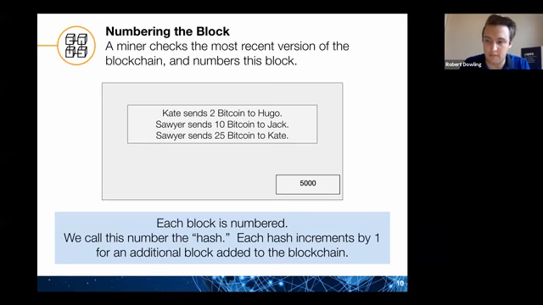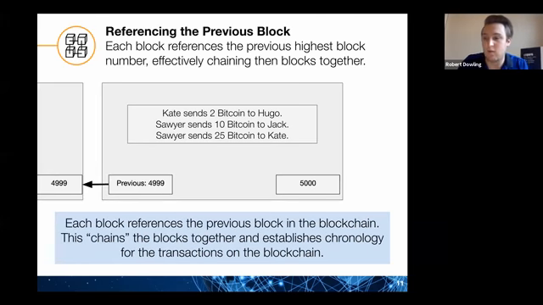It's effectively numbered, and it references the previous block in that all of the previous history of the blockchain is through a process called hashing, which we talked about a little bit last time. All of these previous blocks are the input that makes this block have a unique code, so to say, or a unique block ID.